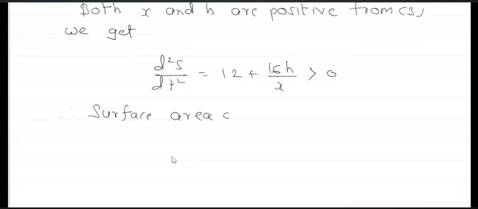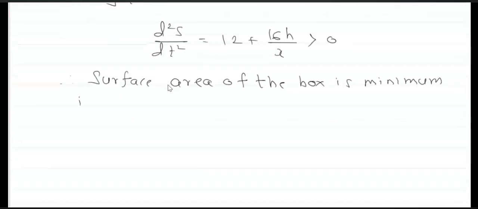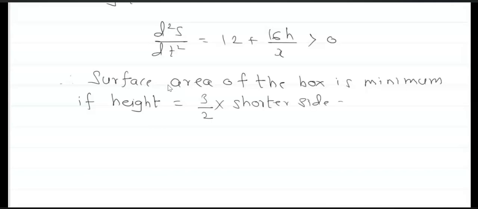The surface area of the box is a minimum if the height is 3 by 2 into the shorter side of the base, that is x.